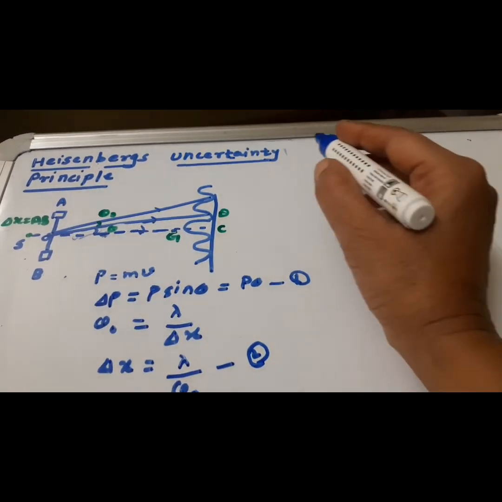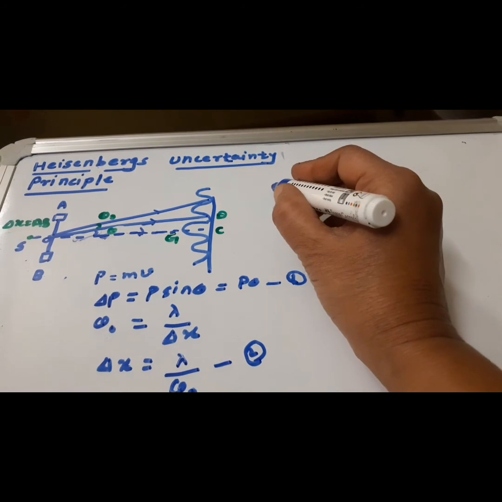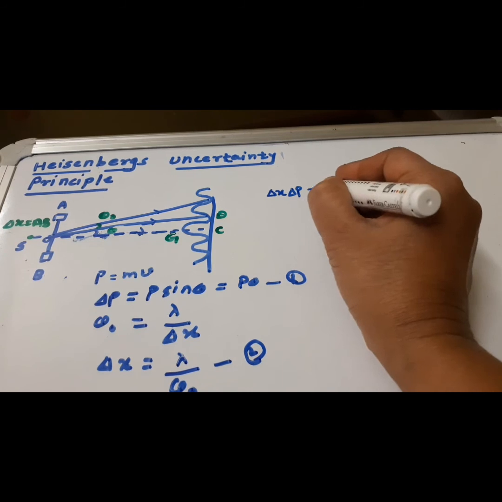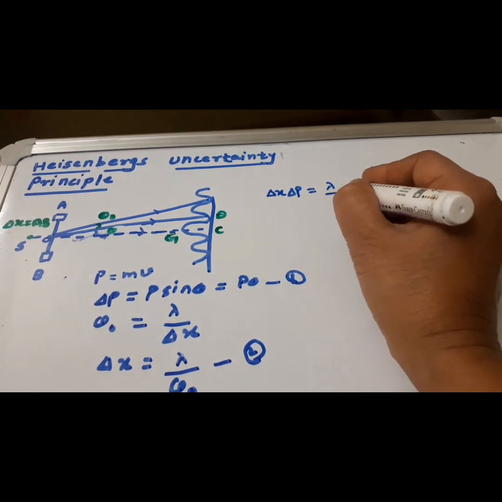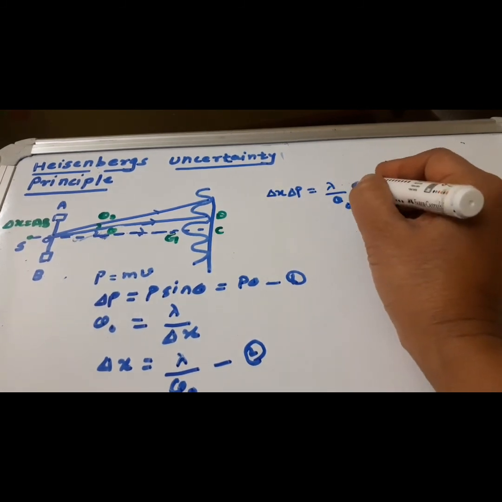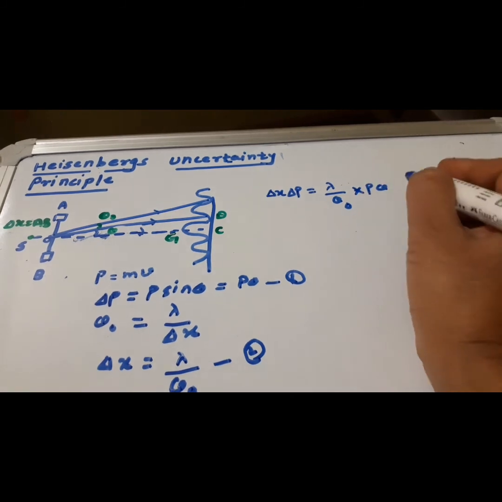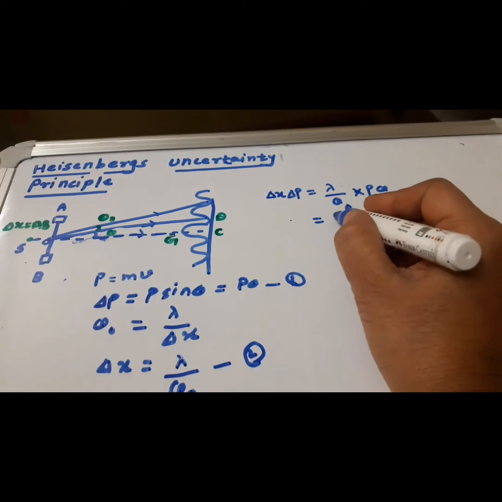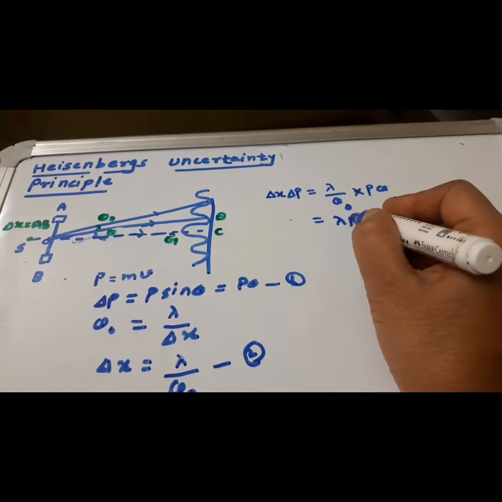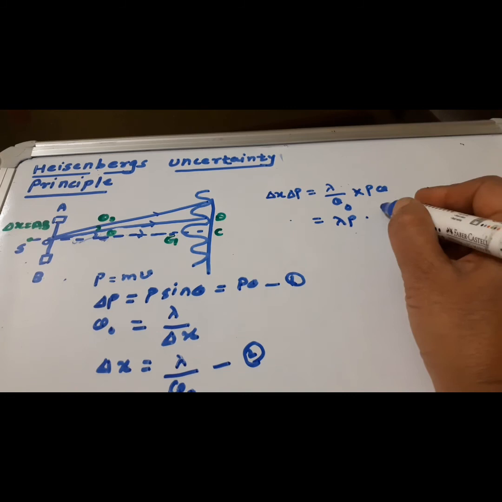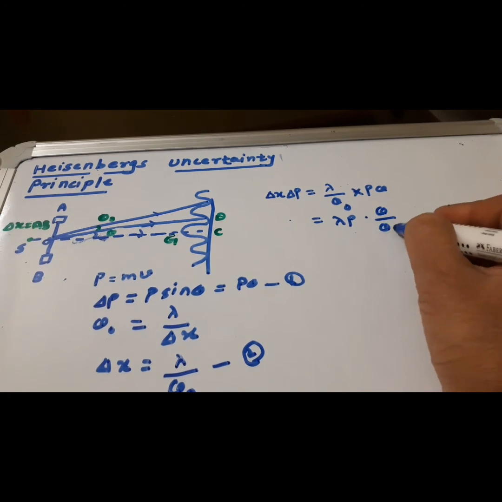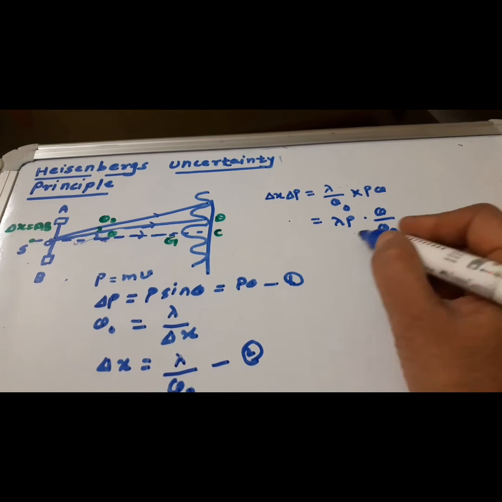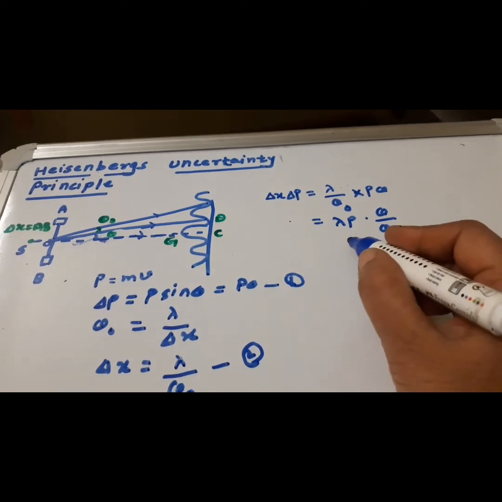From equations 1 and 2, we can write delta x delta p is equal to lambda divided by theta 0 into p theta. That is equal to, after simplifying, lambda p into theta divided by theta 0. But theta divided by theta 0 is equal to 1.